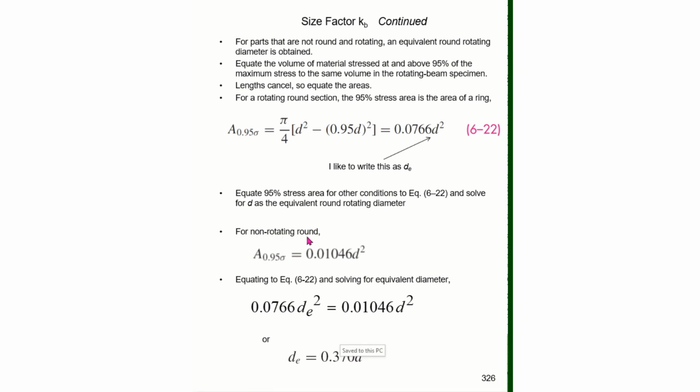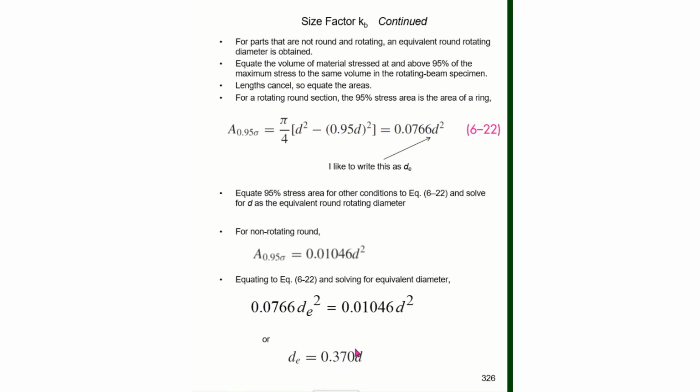For a non-rotating round bar, we know that the A95 is 0.01046 d squared. So if we have a non-rotating round bar, the way that I would solve for the d that goes into the KB equations is to take this 0.01046 d squared and set it equal to the 0.0766 d squared. This d here becomes d effective, and I solve for d effective here, and I get d effective is equal to 0.370 d.